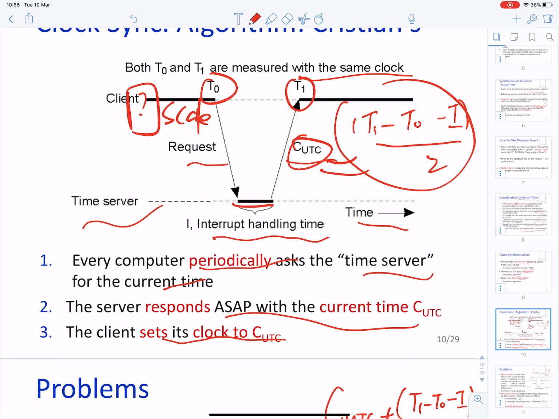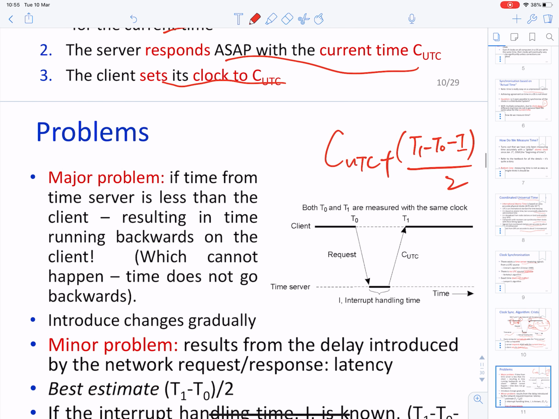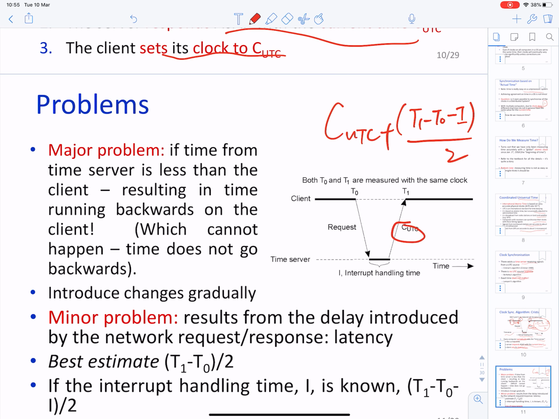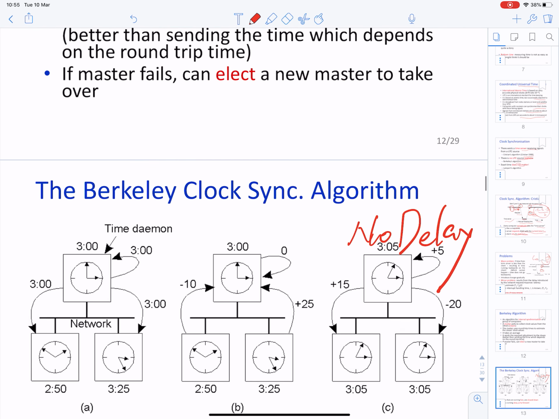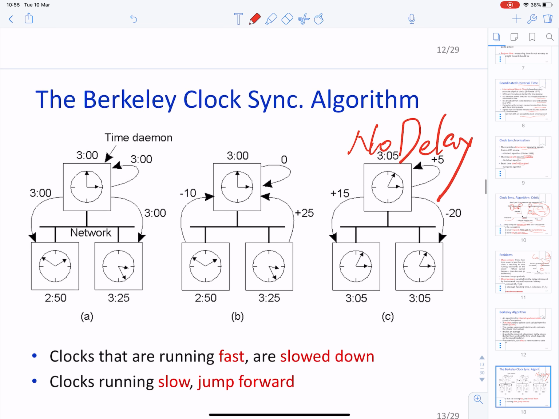The current time is then CUTC plus the delay time, giving us the current time T1. Berkeley's algorithm works like this: we have a master and slaves. The master says it's 3 o'clock, and the slaves respond that they are late or early. We then take the average of these three values and send the adjustment to all of us.